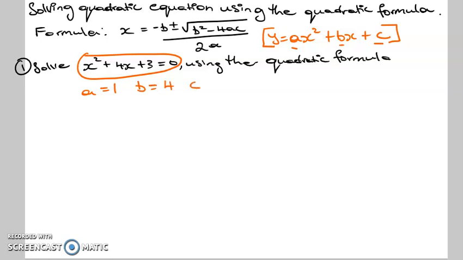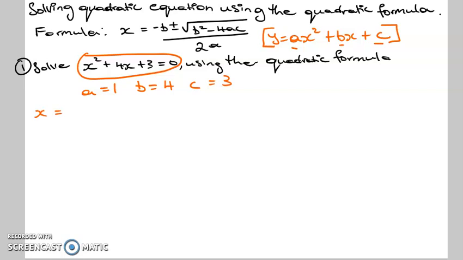And c is the constant in the equation, which is 3. So now that we have written down the values of the variables, we can go ahead and plug them into the formula. Alright, so let's go.